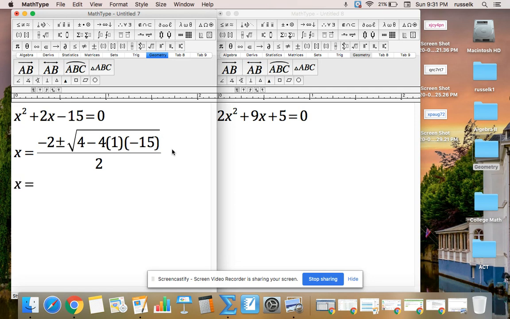Simplifying, I always try to simplify inside the radical first. So I still have negative 2 plus or minus. Inside the radical, I have 4 minus, and then 4 times 1 times negative 15 gives me a negative 60.